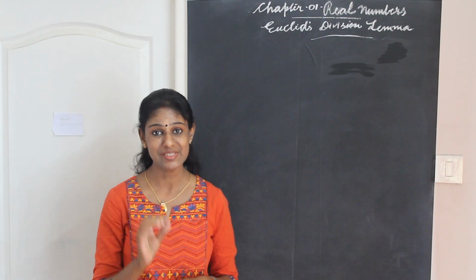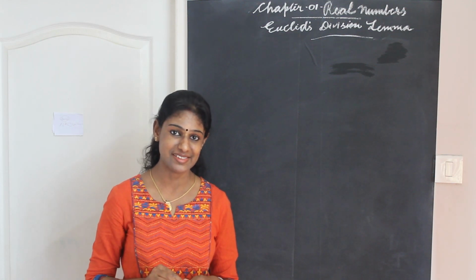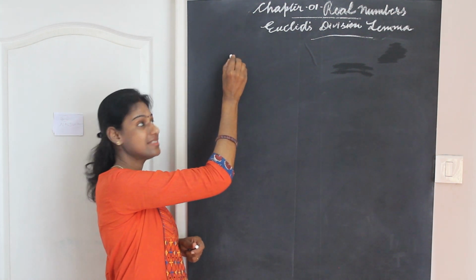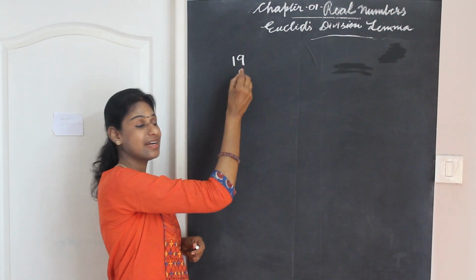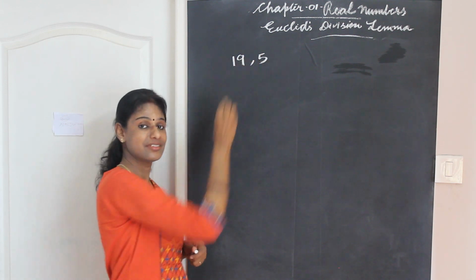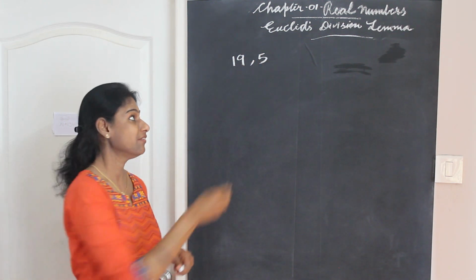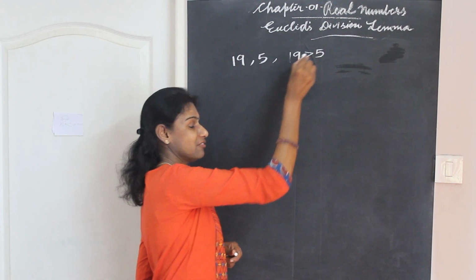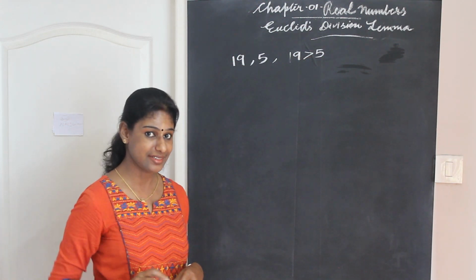First, let us choose any two positive integers. For example, I am taking the positive integers as 19 and 5. Two positive integers where we know that 19 is greater than 5. Let us divide 19 by 5.